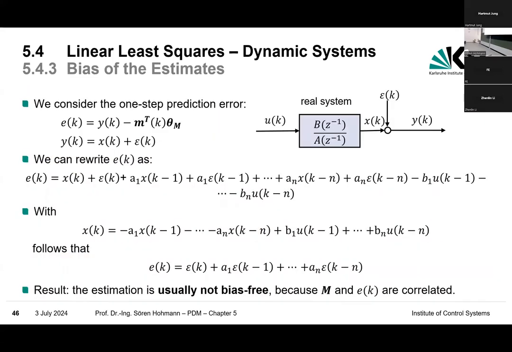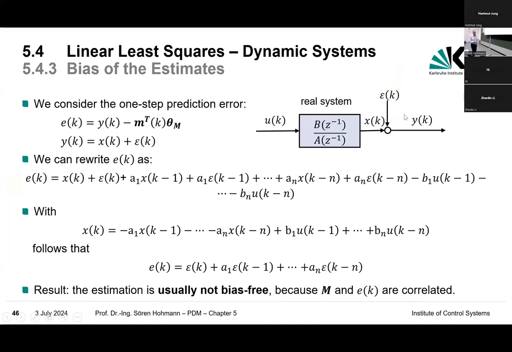Here's the answer. So first of all, we looked at this real system, which is given here. And now we want to describe what we are doing. We want to rewrite E, our mysterious error, which we use for calculation of the parameters. And we want to describe this parameter E, this error E. For example, we can say, okay, our true system is given by means of U entering the system, which gives X, plus some disturbance.